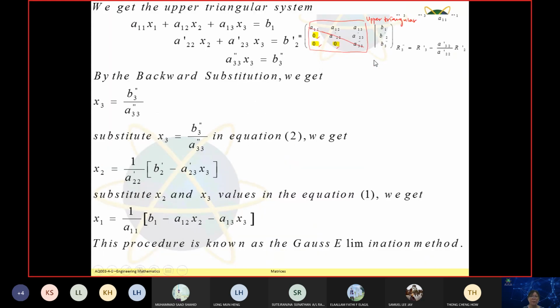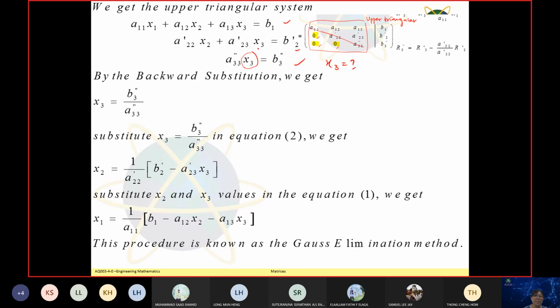When we have an upper triangular, then this is our equation. The simultaneous equations become this. When you look at the simultaneous equations, first, second, third equation. In the third equation, we only have one unknown. This is your unknown. When you have one unknown, you can solve for the value of x3 in the third equation.